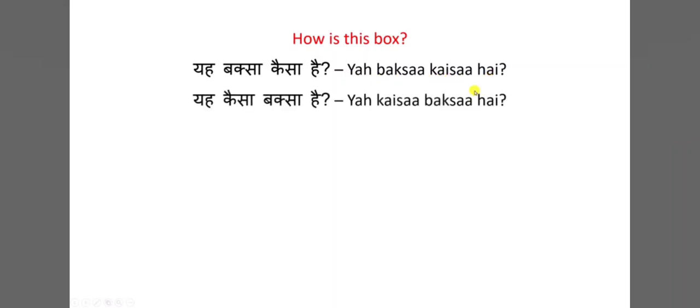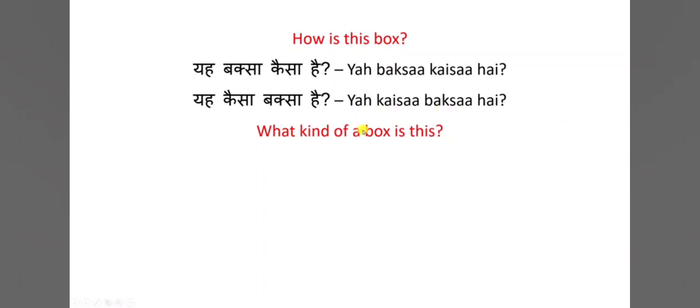But if the word कैसा is placed before the noun, then this would translate to: what kind of a box is this? What sort of or what kind of box is this?